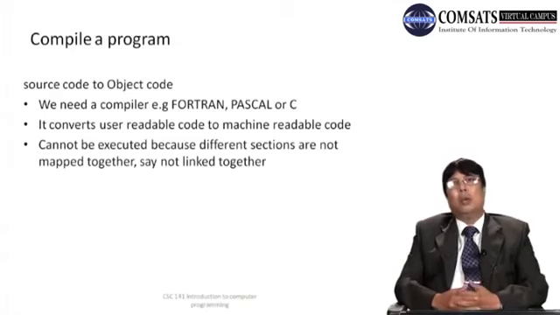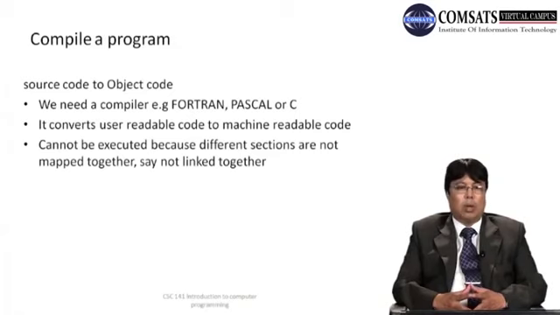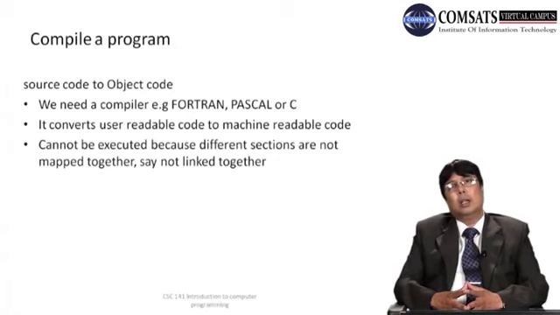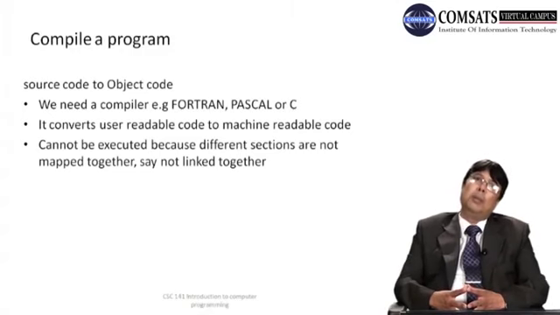But you cannot execute this machine code because different sections of the code are not mapped together. We call it not linked together. A few minutes back I explained variables.